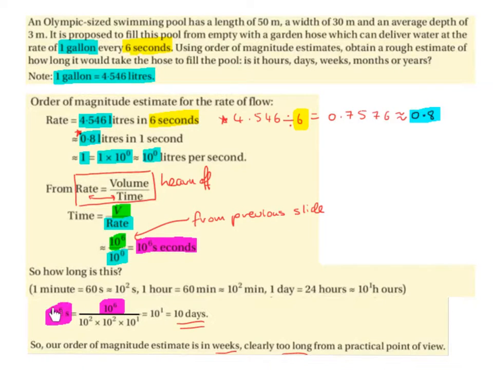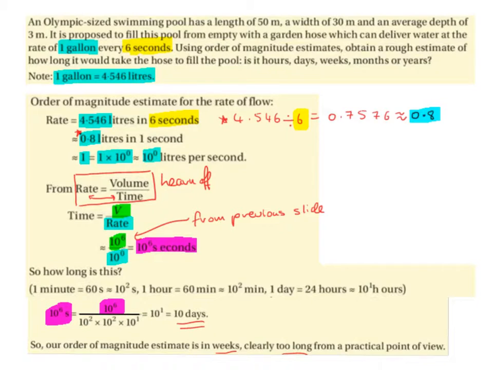So 10 to the power 6 seconds, which we got from here, our time, is really going to be 10 to the power 6 divided by 10 squared, which we got from here, multiplied by 10 squared, which we got from here, multiplied by 10 to the power 1, which we got from here. And 10 squared times 10 squared times 10 to the power 1: 2 plus 2 plus 1 is 5.